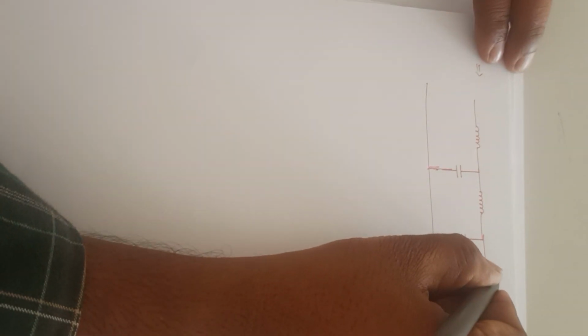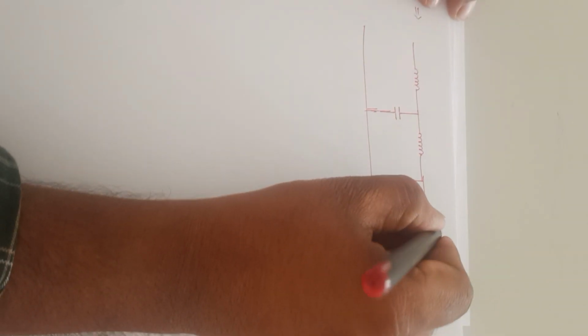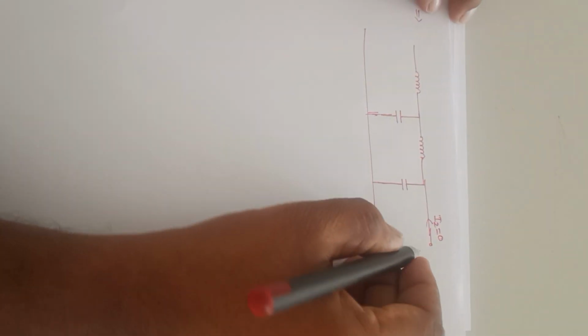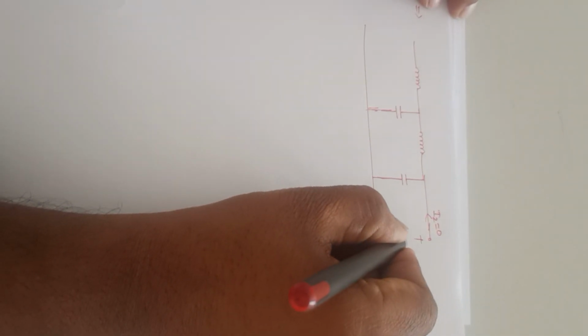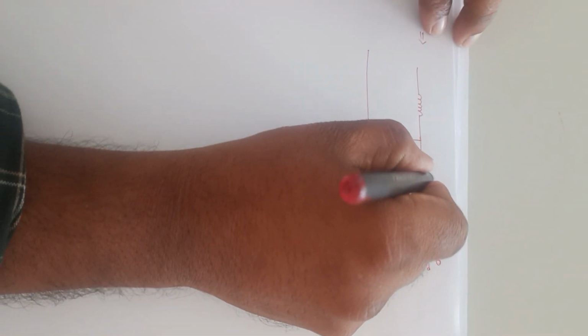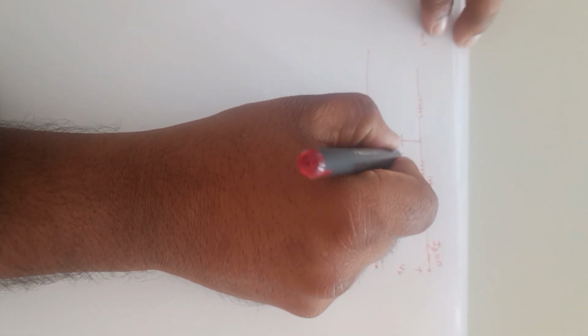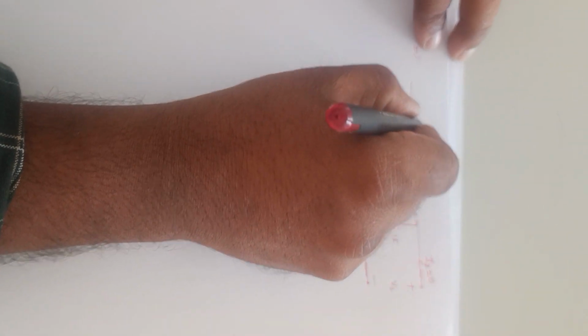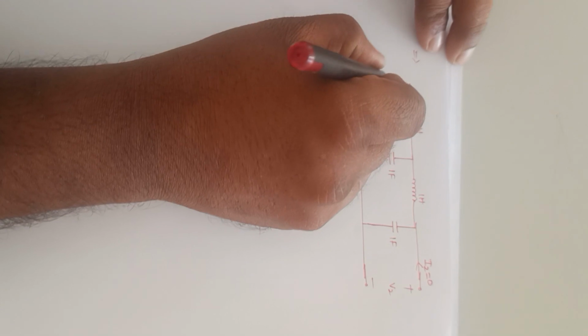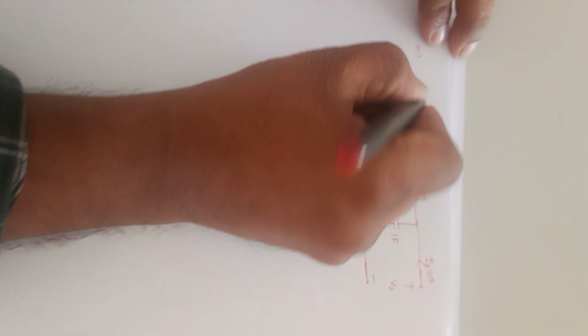This one is I2, that is equal to 0. It is plus and minus, it is V2. It is 1 farad, it is 1 Henry, it is 1 farad, it is 1 Henry. It is plus and minus V1, it is I1.